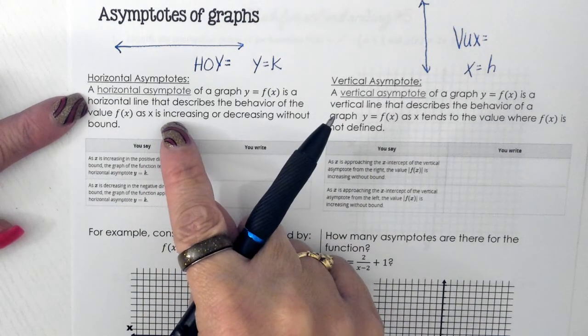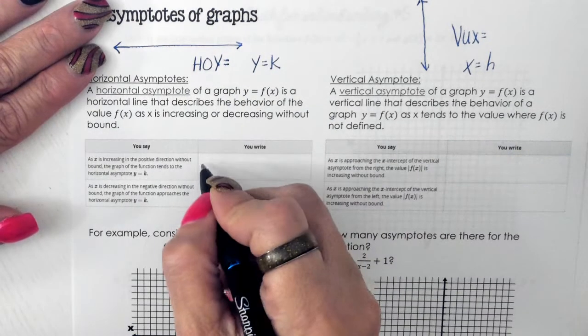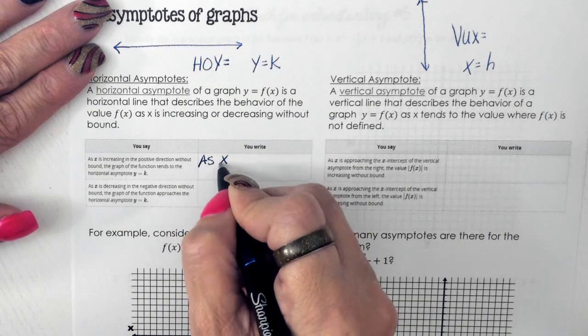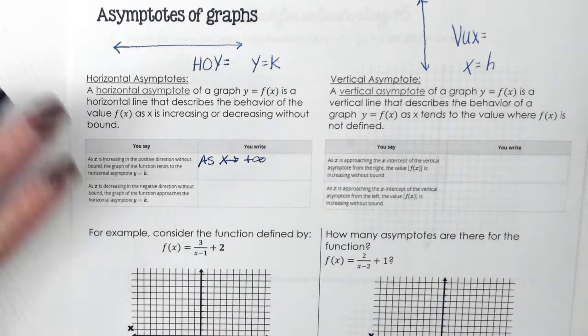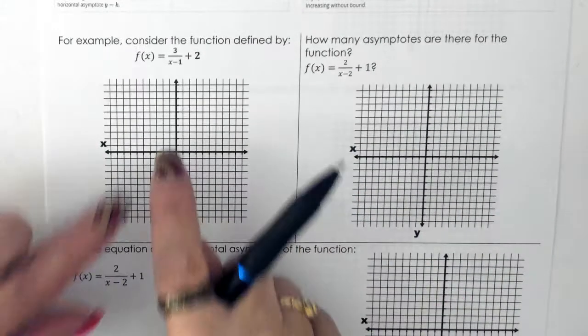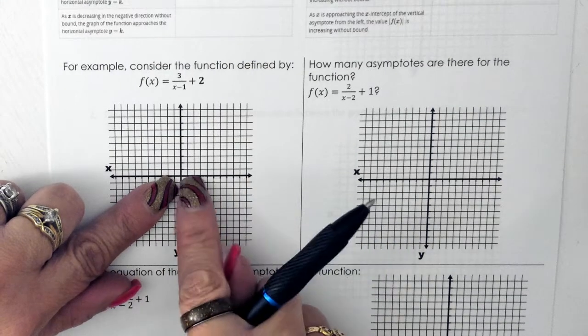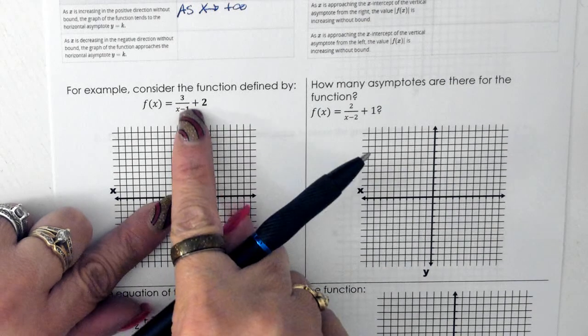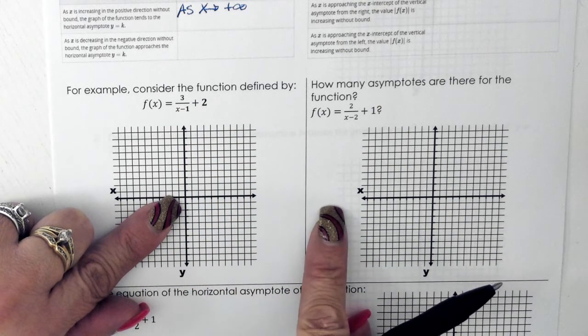So here's what we're going to do. If you have a horizontal asymptote and you're approaching this graph, I'm going to say as x approaches positive infinity. So I'm going to look at this right here. As x approaches positive infinity, what is my asymptote doing? Well, it's either coming down this way or it's coming this way.